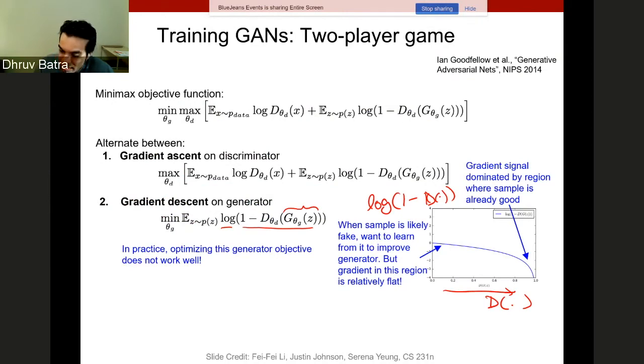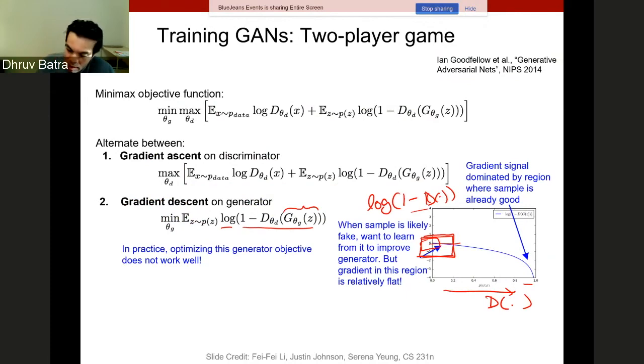This causes a problem because ideally you'd want this objective function log of 1 minus D to be close to 0, but that shape has fairly saturated behavior close to the optimum and really high gradients away from the optimum.